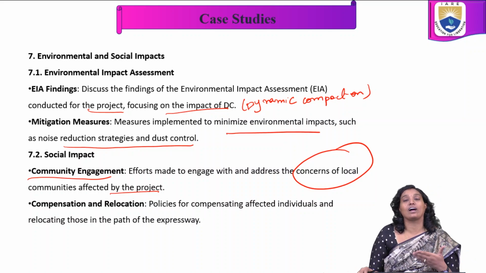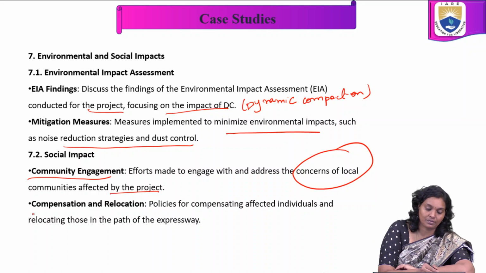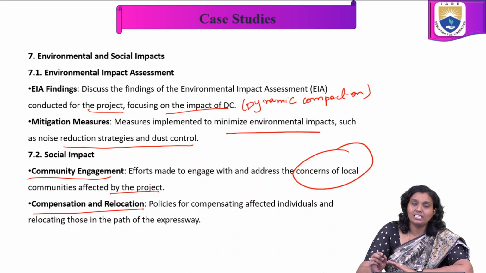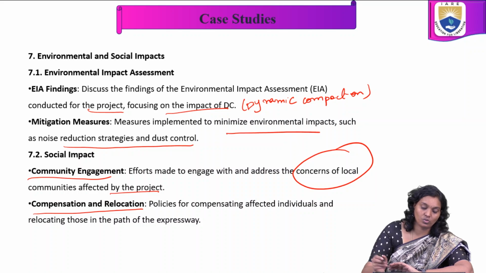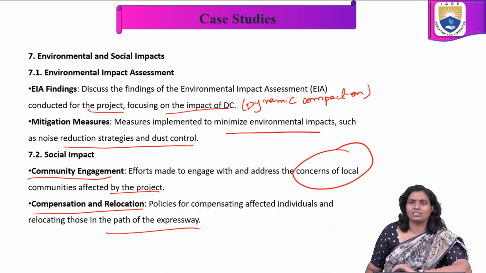These are the things we have to understand. And also the compensation and relocation policies for compensating affected individuals and relocating those in the pathway of the expressway. These are the social impacts.